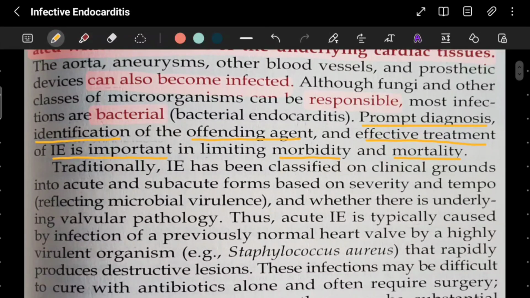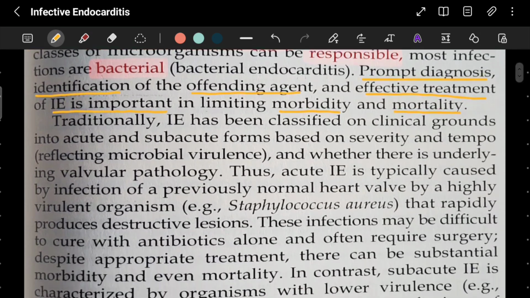If it becomes evident what the causative organism is, it becomes much easier to diagnose and treat the disease, because it's an organ situated deep inside the body, so getting that organ exposed and treating it is very difficult. So we need to diagnose the organ and the causative organism very properly.